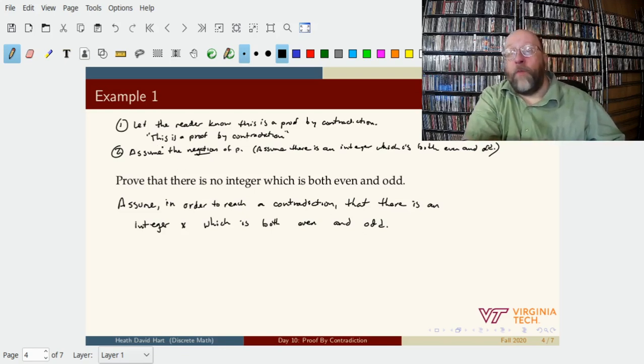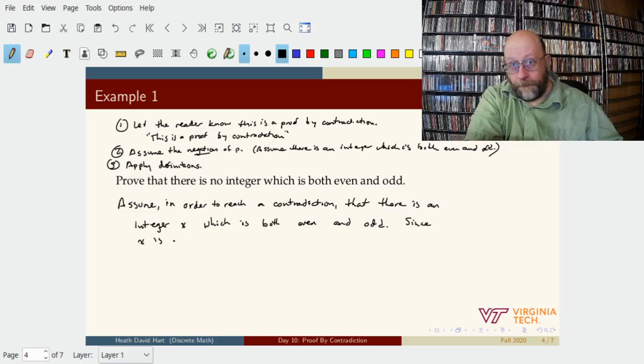Okay, so now that we have our assumption, we're going to apply any definitions we can to that assumption. Since x is even, there is an integer, I'll call it j, such that x is equal to 2j.